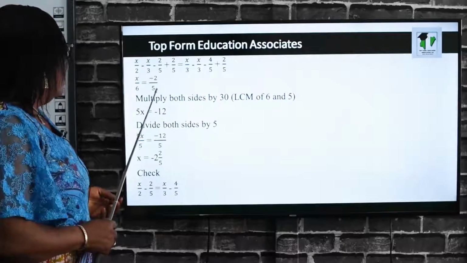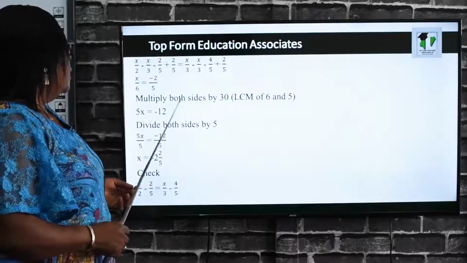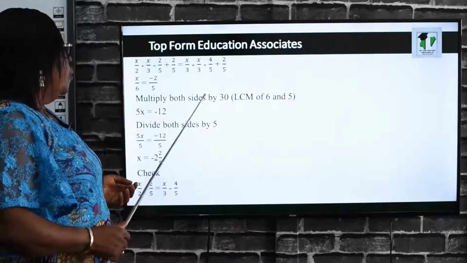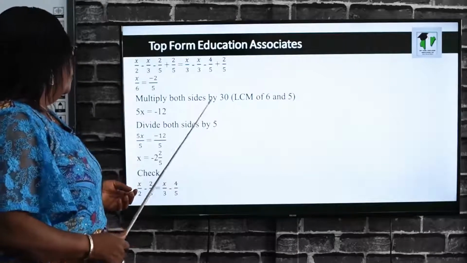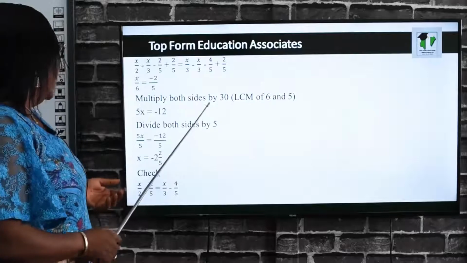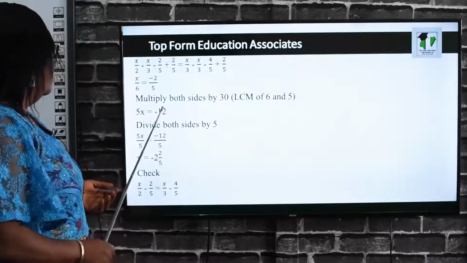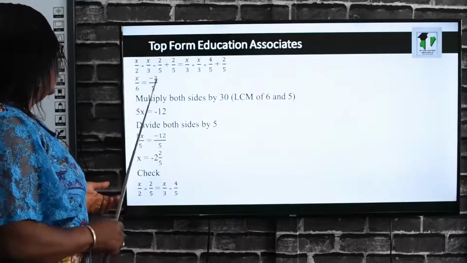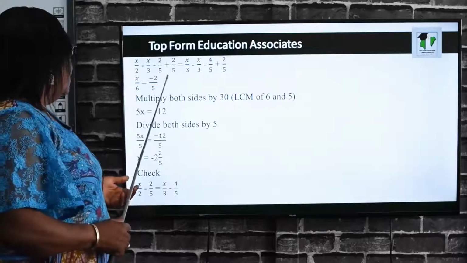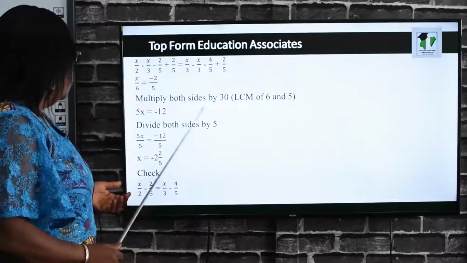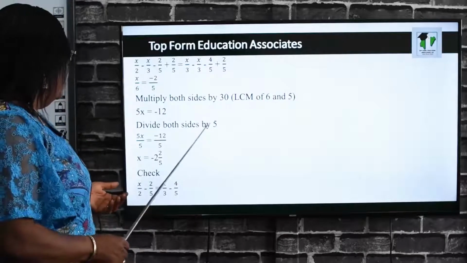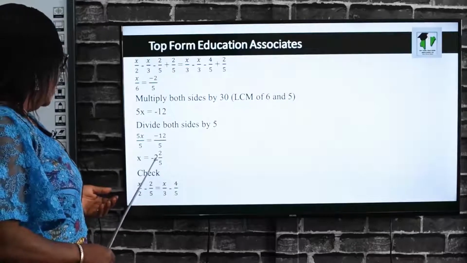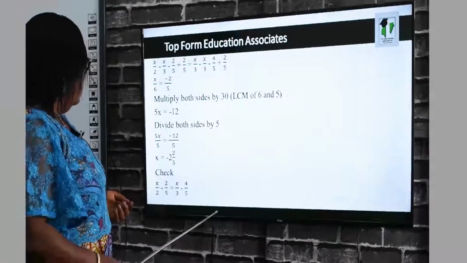Now, 6 and 5, the LCM, we want to make it whole number. The LCM is equal to 30. So we multiply both sides by the LCM, which is 30. x over 6 times 30 gives us 5x, minus 2 over 5 times 30 gives us minus 12. Divide both sides by 5.